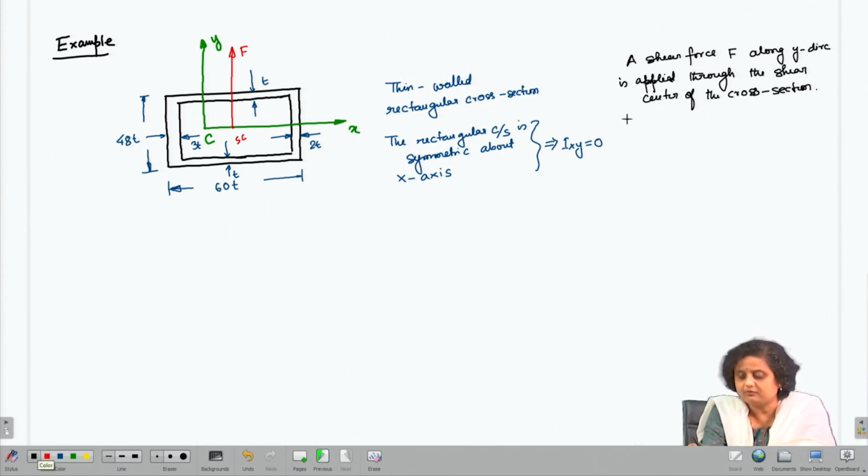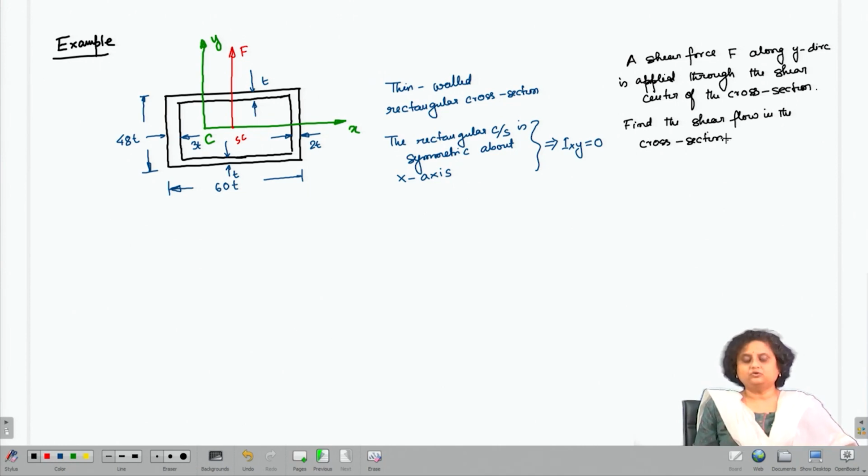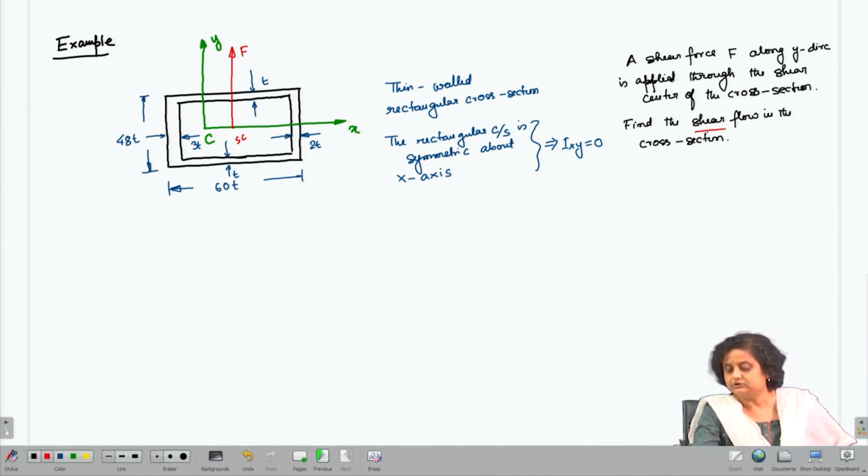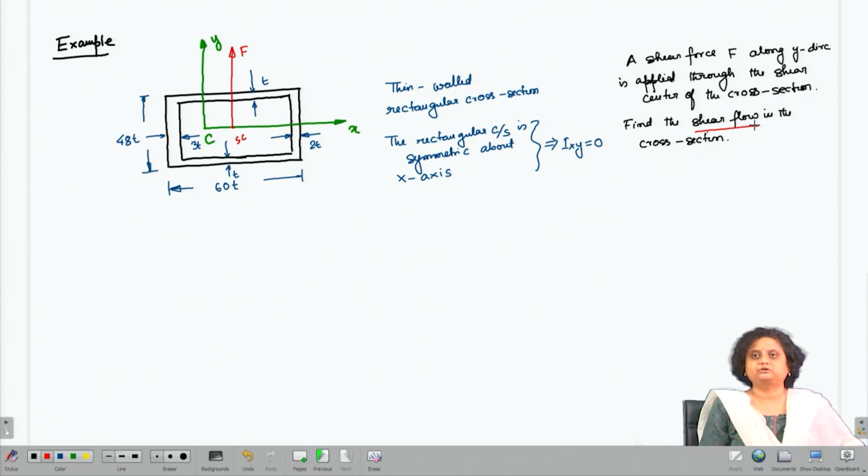Now, we need to find out the shear flow in the cross section.